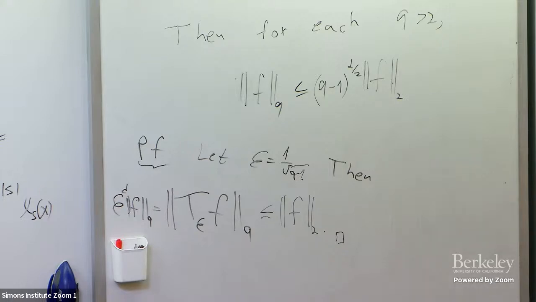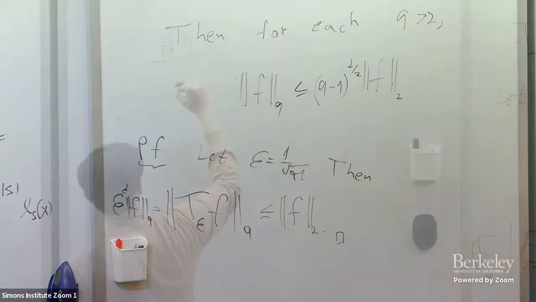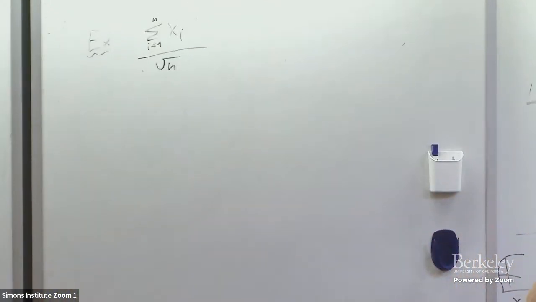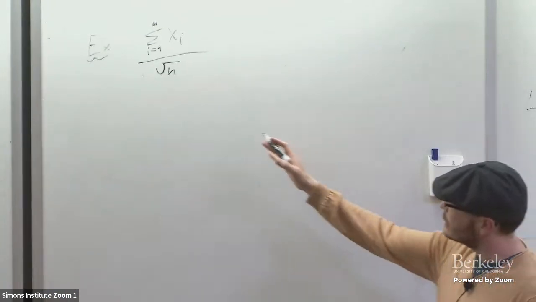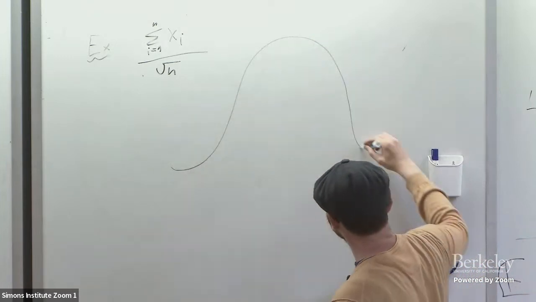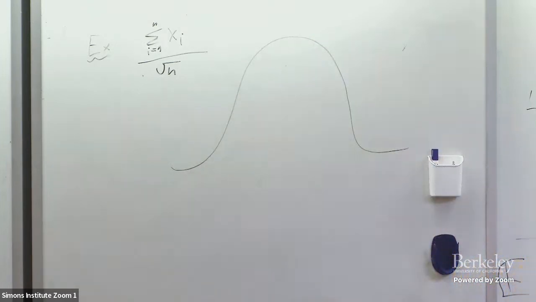So how should we think about these moment bounds? One example to keep in mind is the function which is the sum of the xi divided by root n. Its distribution converges to the normal distribution.